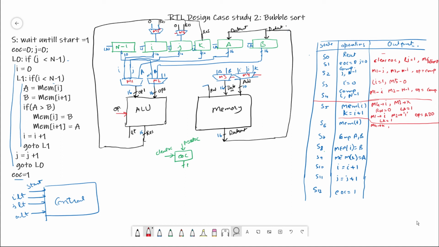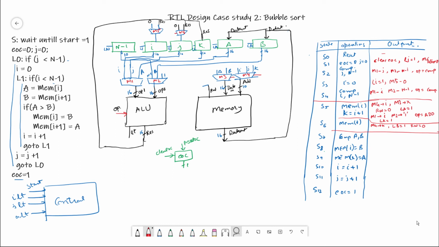LB would be equal to 1, and RW is equal to 0. So this is about S6, the data that needs to be generated. From S6, we'll go to the S7 state.